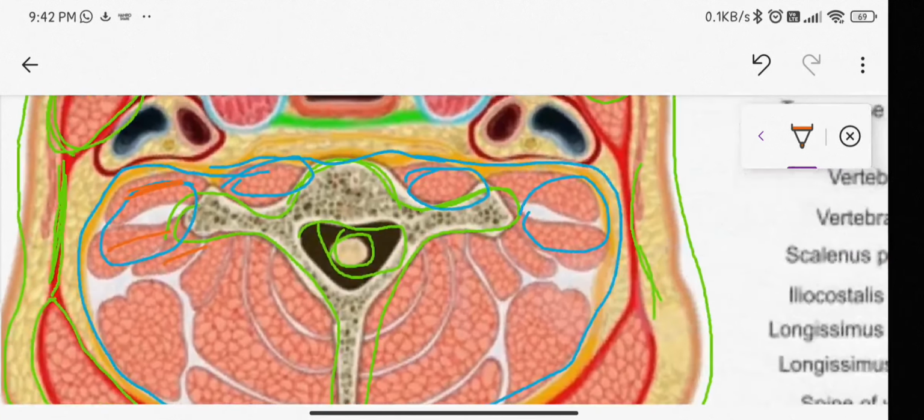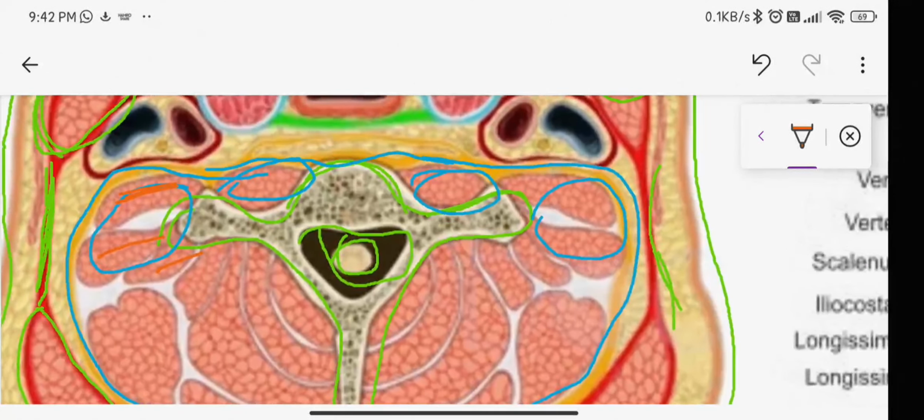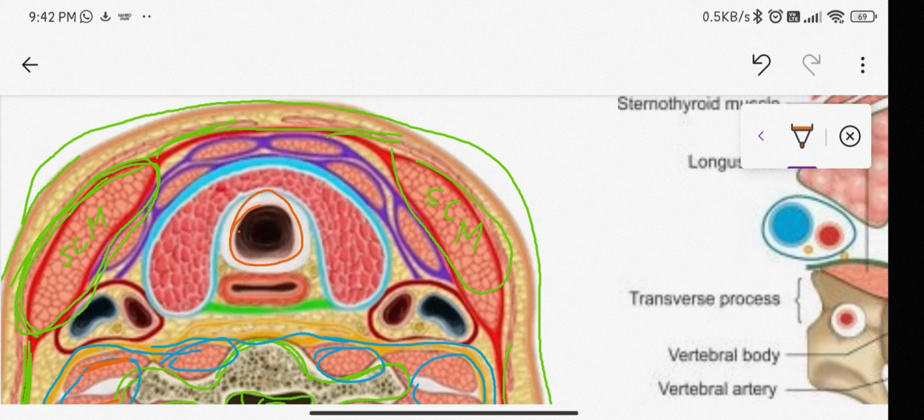And we need to understand the next fascia, that is pretracheal fascia. So this one is trachea, and just in front of trachea there is a gland, that is thyroid gland. This is thyroid gland, and the fascia that covers this thyroid gland anteriorly, this fascia is known as pretracheal fascia.